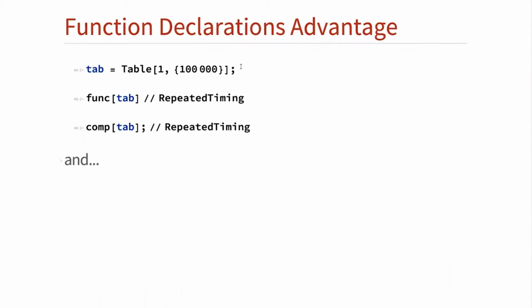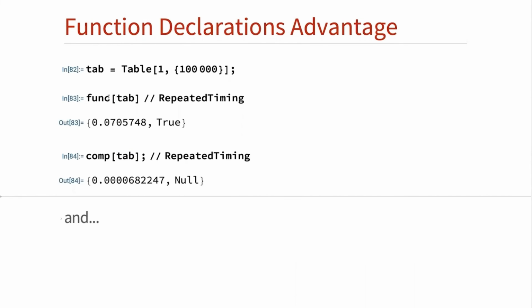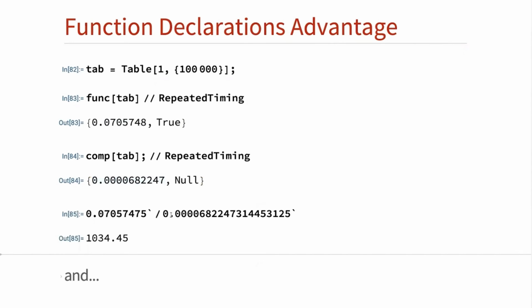Very often with these things, you start to get tremendous speed advantages. So here I'm going to run the function over 100,000, and that's the uncompiled version, and that's the compiled version. So this is very significantly faster, like 1,000 times faster.